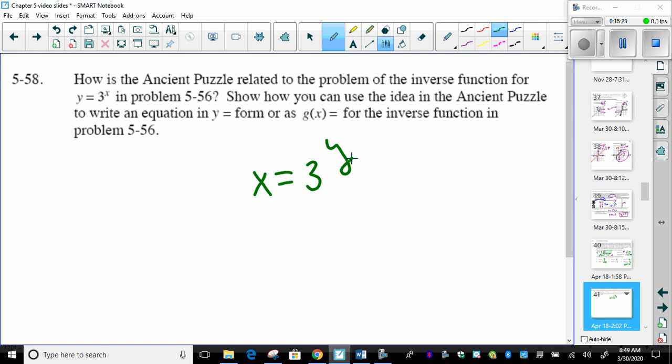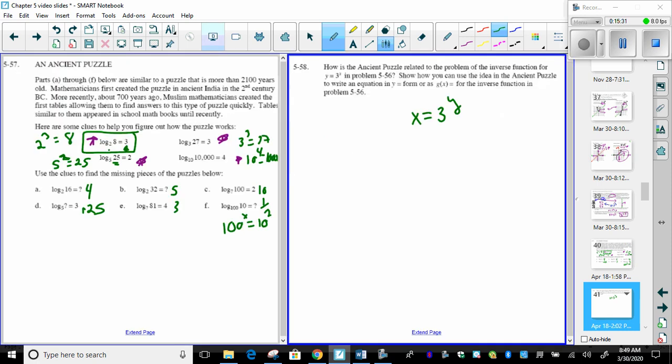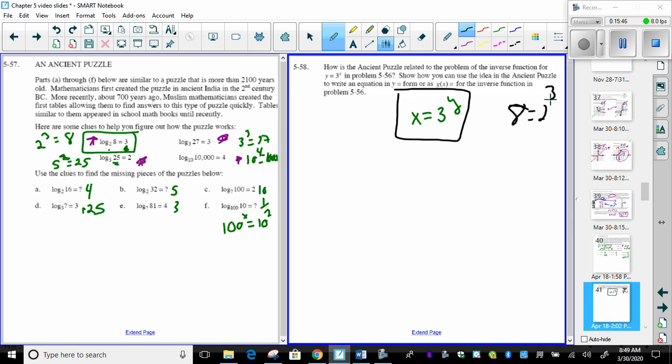Now, when we go back and look at what we just finished doing, I have this in exponential form. This is very similar to the first one, where I had 8 equals 2 cubed, and that was equivalent to log base 2 of 8 equals 3.